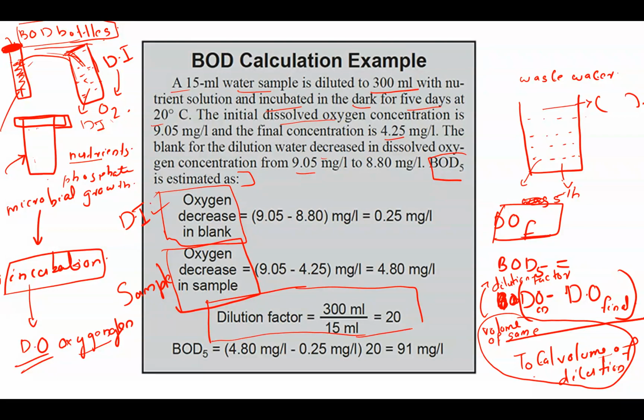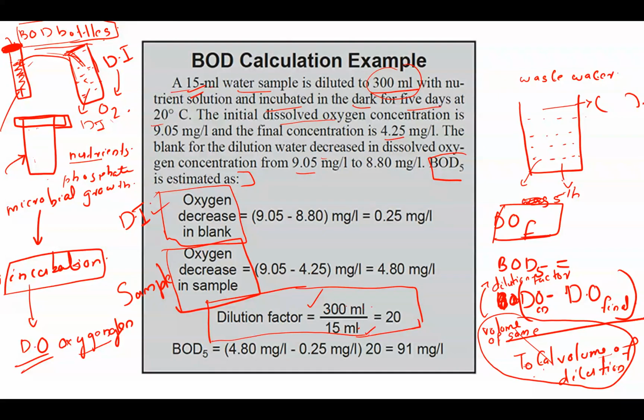First of all, 300 milliliter is the volume after dilution, and 15 milliliter is the water sample.